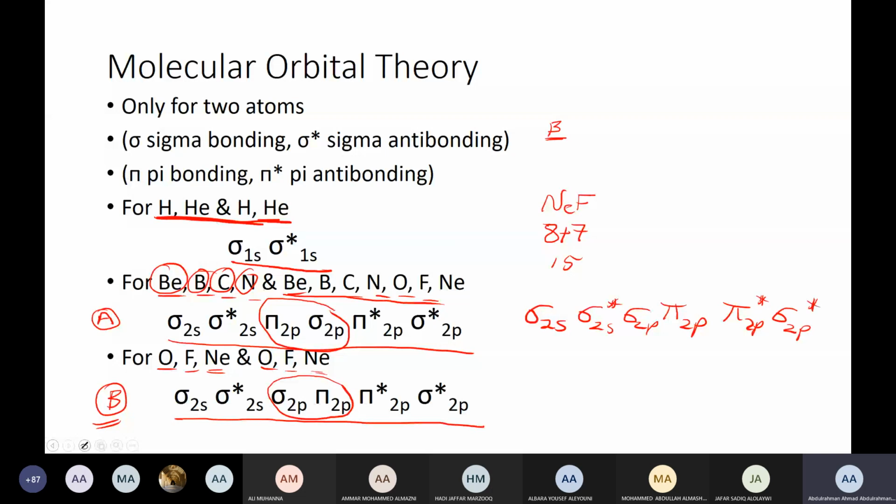How many electrons will I put? 2, 2, 2, and then how many should I put in pi 2p? 4, and then how many? 4 more, and then 2. No, 1 only, because I have 1 left. Good. What's the bond order? Quickly.